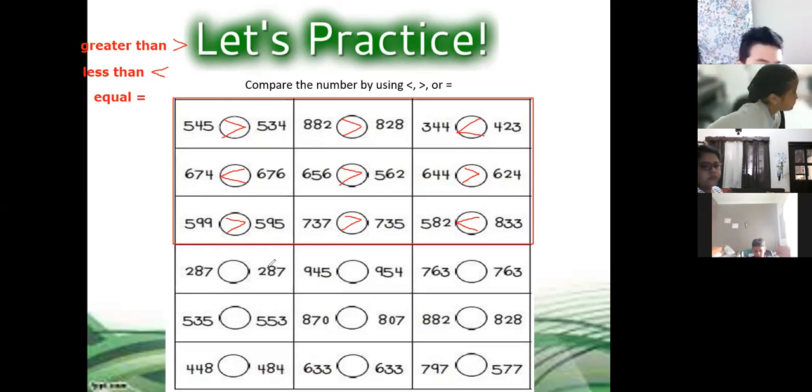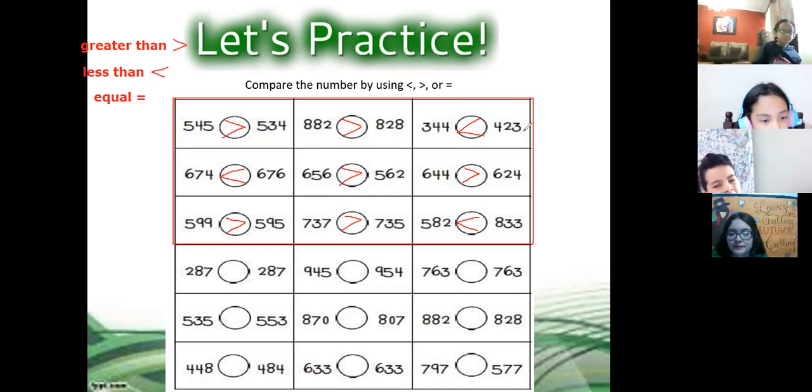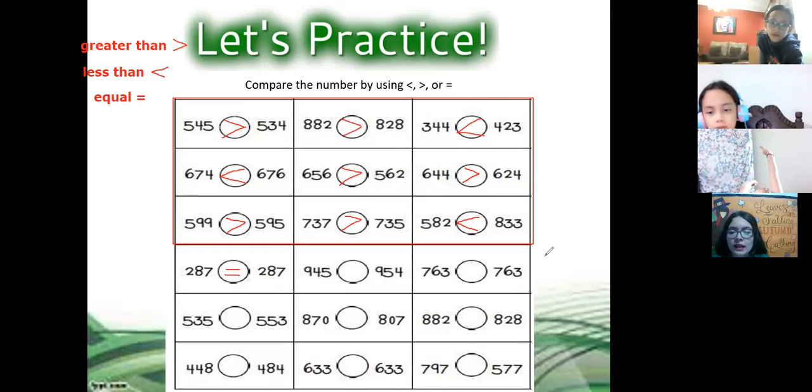Rosa, read the next numbers, please. 287. 287. They are equal. That's right. If you compare this number, you find out they are the same. They are equal.